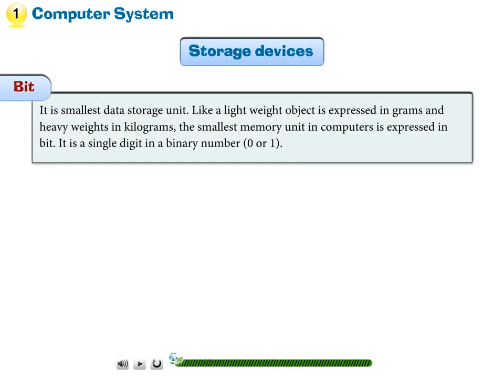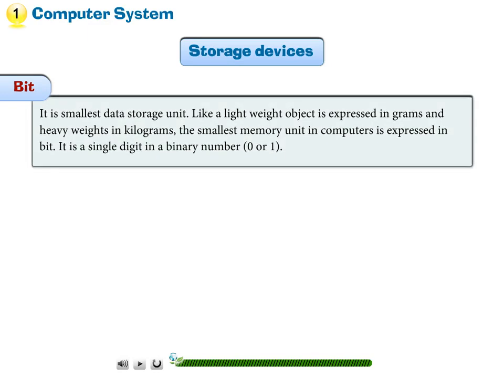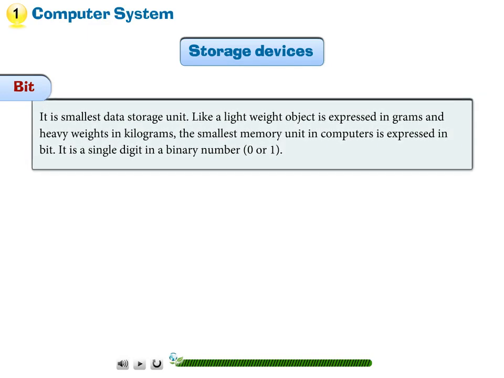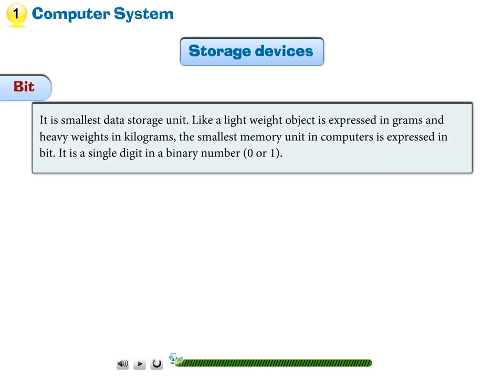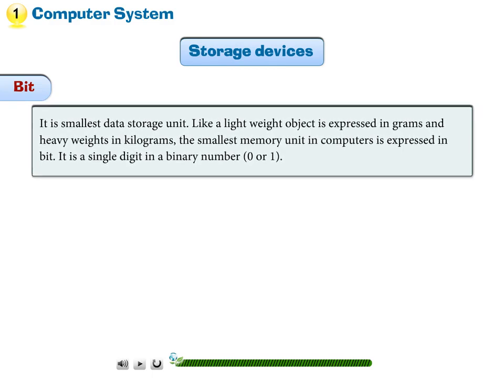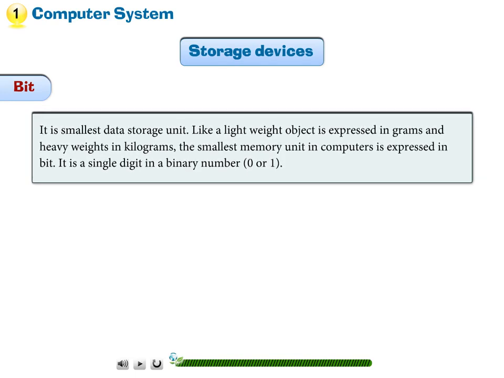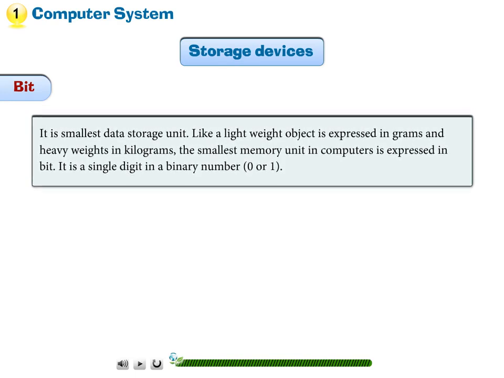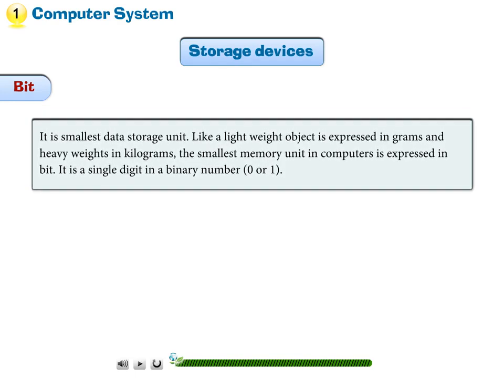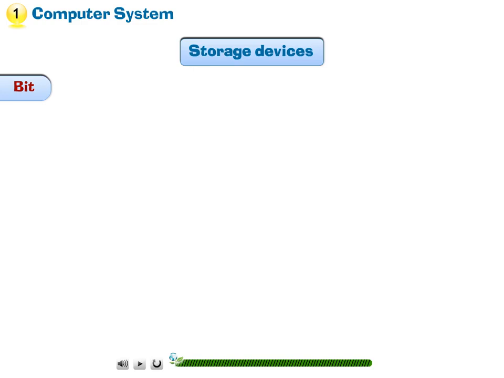Bit. It is the smallest data storage unit. Like a lightweight object is expressed in grams and a heavy weight in kilograms, the smallest memory unit in computers is expressed in bits. It is a single digit in a binary number, 0 or 1.